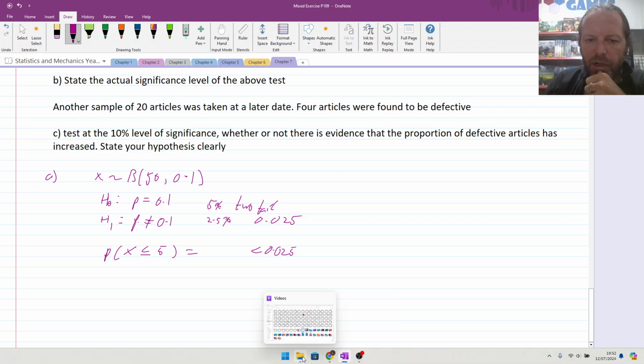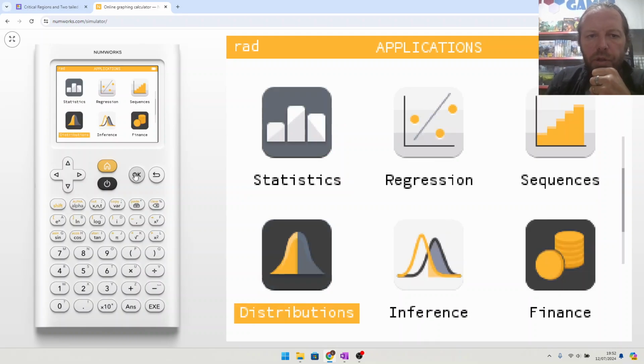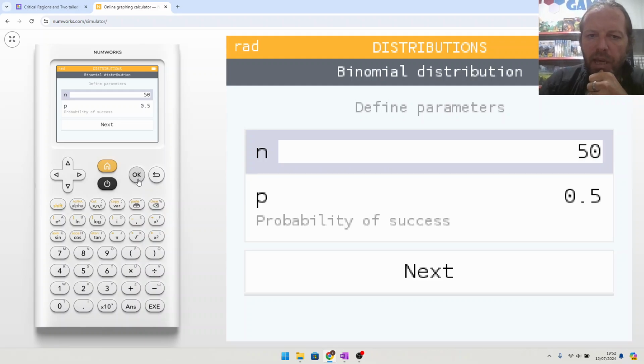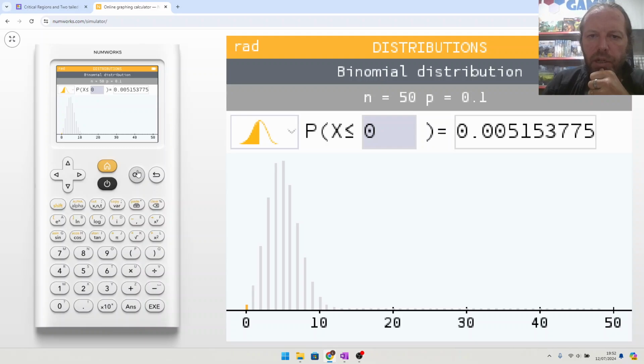So if I come on to here and pull up a calculator, let's come down here to the distributions, over to the binomials, and we are going to have the number of trials set at 50, and the probability set at 0.1, and then we start looking for the probability, and I said I would start at 5.